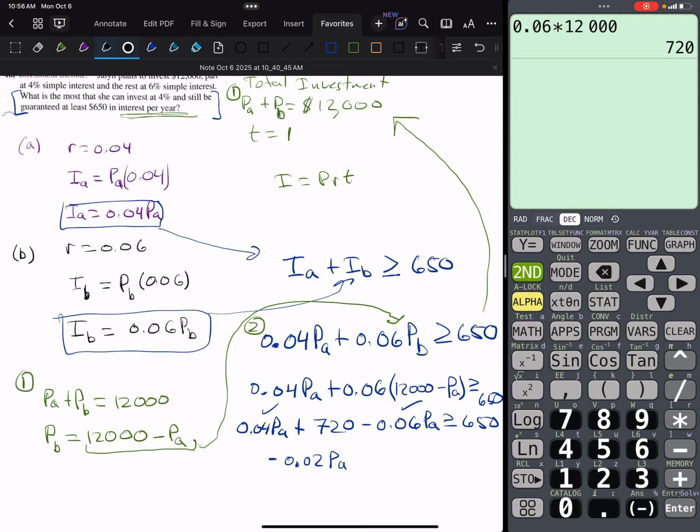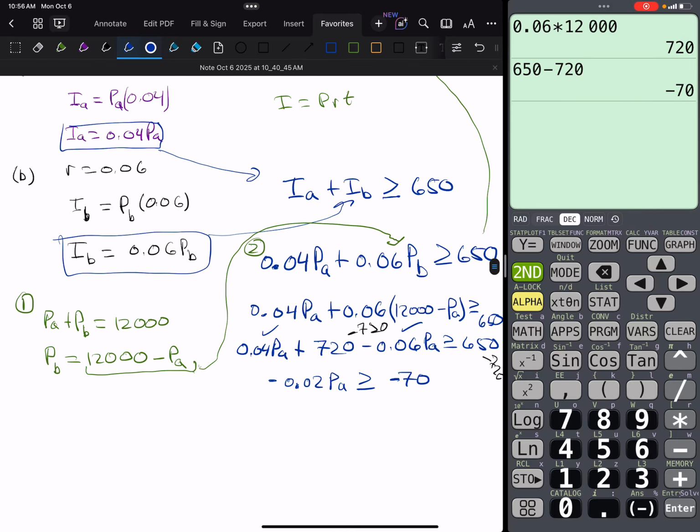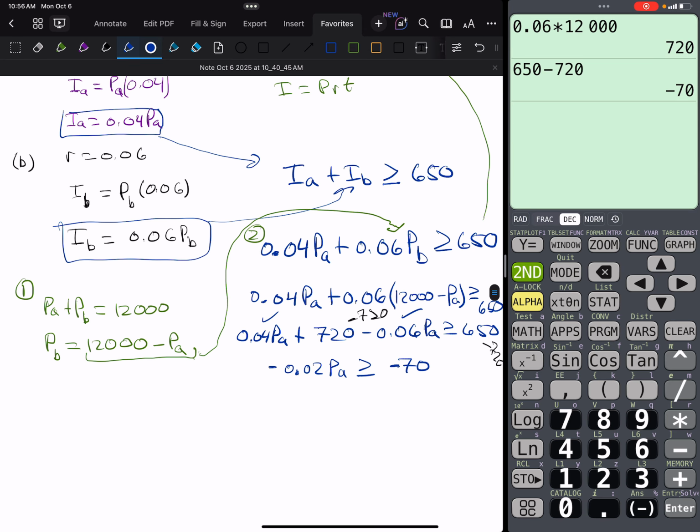Now, to get rid of the 720, I'm going to have to do minus 720 on both sides. What's that going to leave me with? So I got greater than or equal to minus 70. And just because, let's type that in, minus 650 minus 720 gives me minus 70. Hey, I can do math. It's nice to confirm that fact sometimes, though.